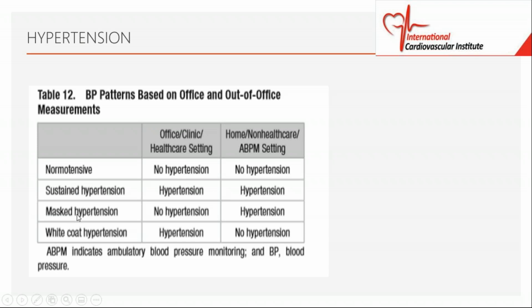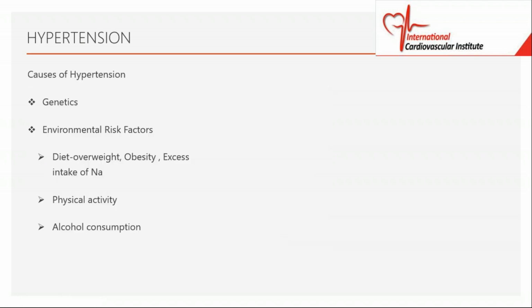Your masked is the one who has no hypertension in the office, but when you monitor these patients at home, they're hypertensive. And then the white coat is hypertensive in the office, normal pressure at home. Okay, so those are some important hypertensive features that you need to be aware of. Especially people who are doing exams, they like those little things.